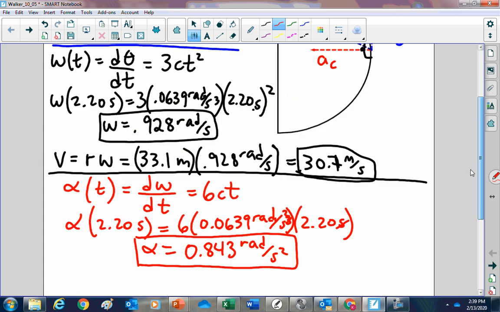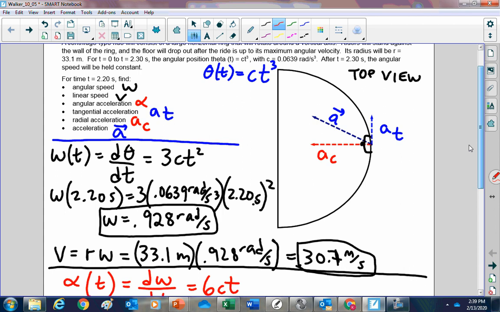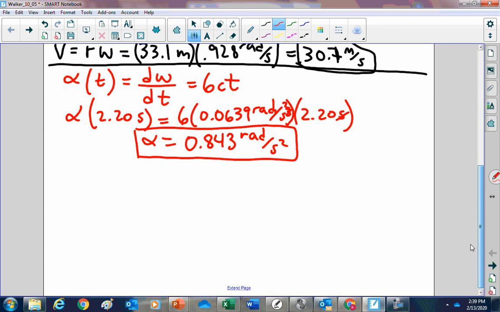Next, what's next on my list? Okay, tangential acceleration, so a_T. I can get that by multiplying my alpha value by r. I'm getting the linear quantity just by multiplying the angular quantity by the radius.